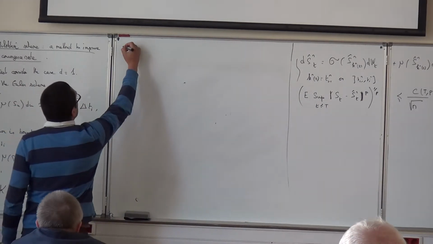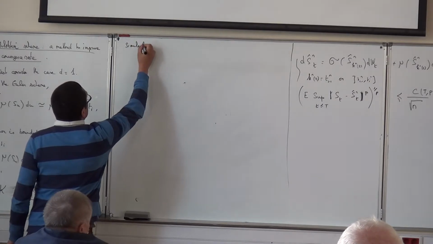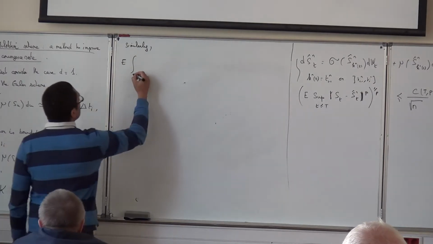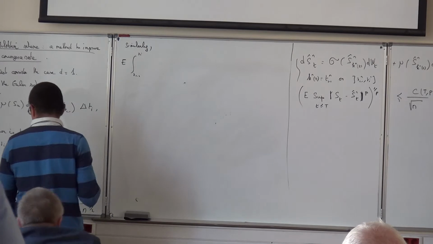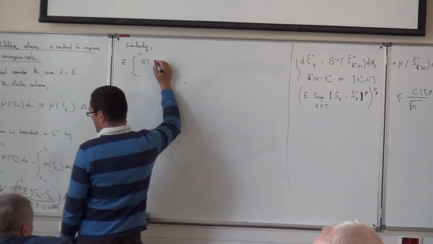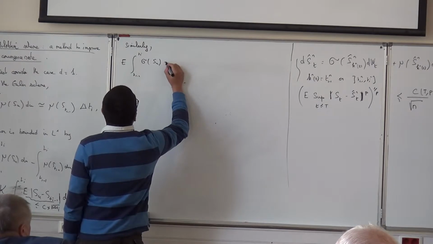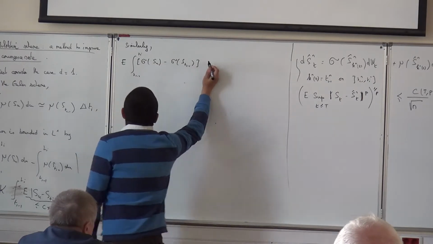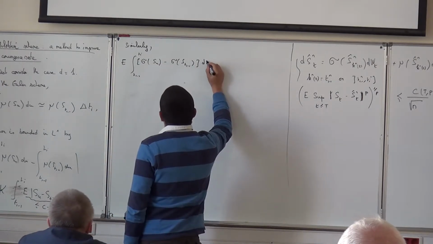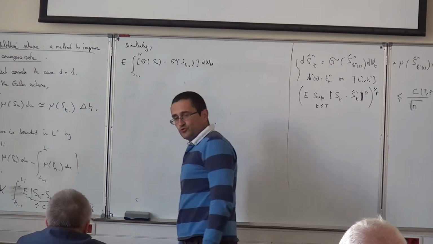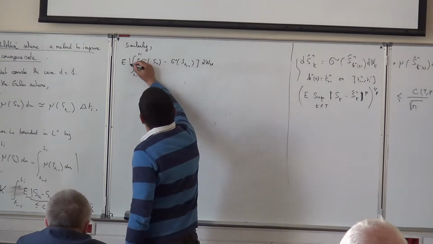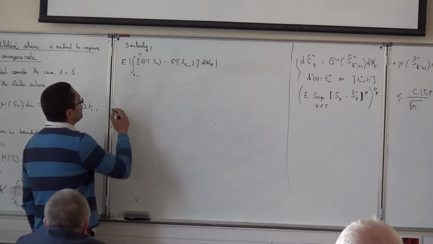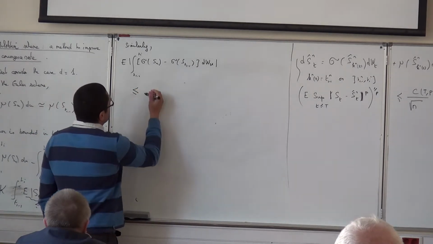In this case, similarly, you compute the expectation of the integral from T_{i-1} to T_i of (sigma(S_u) - sigma(S_{T_{i-1}})) dW_u, okay? And then using the Cauchy-Schwarz inequality and the Ito formula, you get that this is less than some constant.